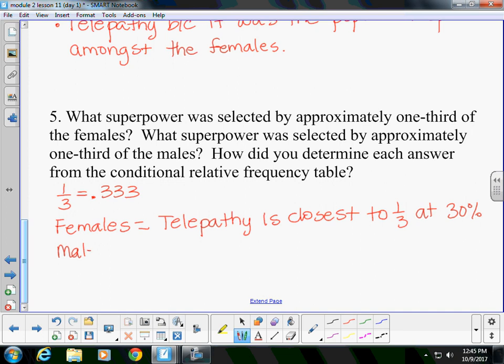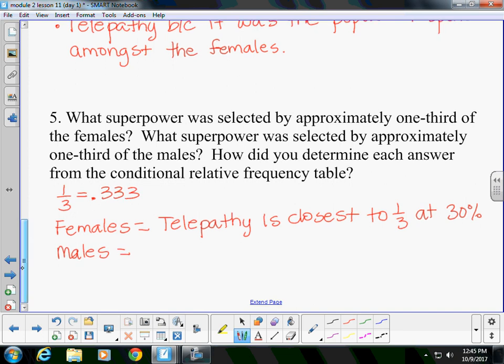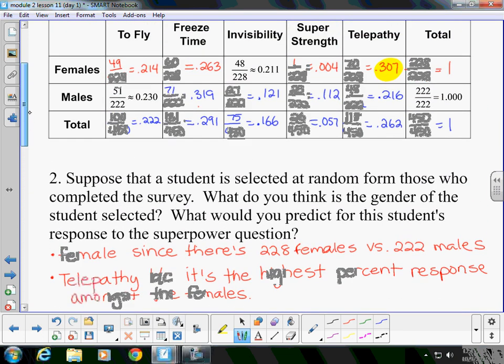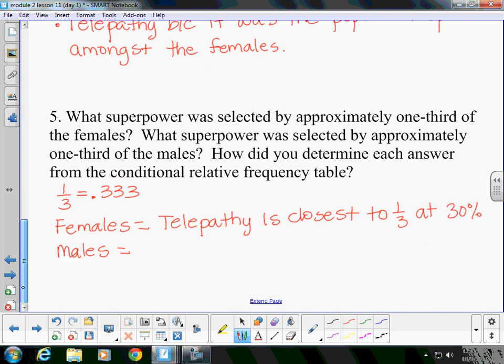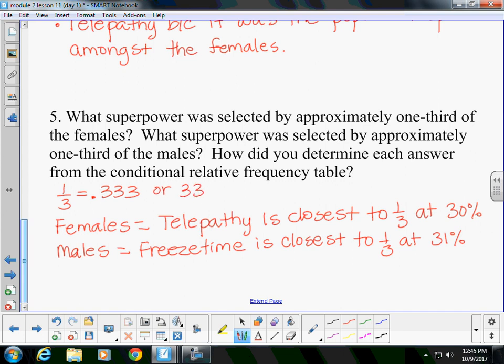And then for males, it's actually the number that we've been saying is the highest number. At 0.319, it was freeze time. Actually 33%. So that's why those are the closest to it.